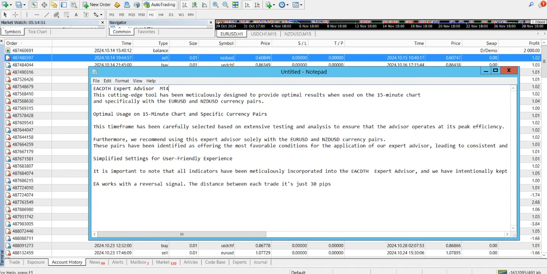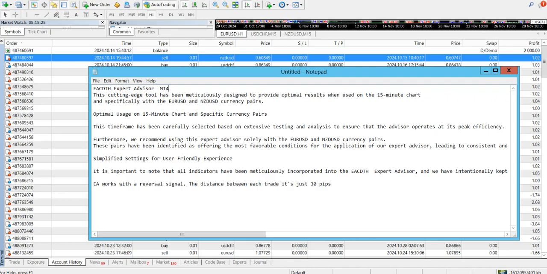It is specifically for Euro USD and New Zealand dollar USD, and as I said, we have the 15 minutes time frame. So generally this time frame is better, as we have tested and analyzed in the past. Because this expert advisor uses these two pairs, and these two pairs we found more favorable with this expert advisor when we tested it.